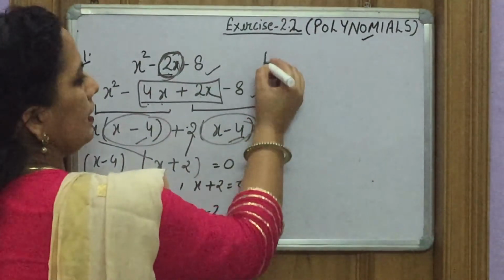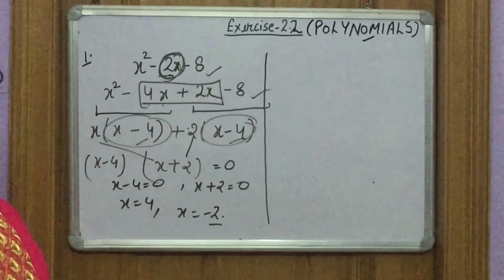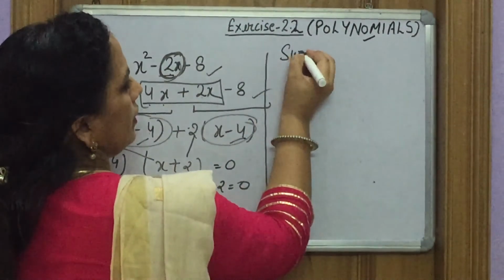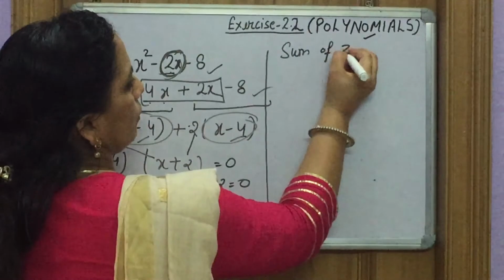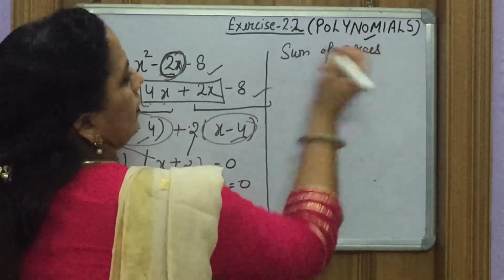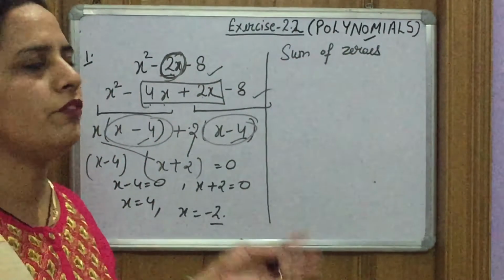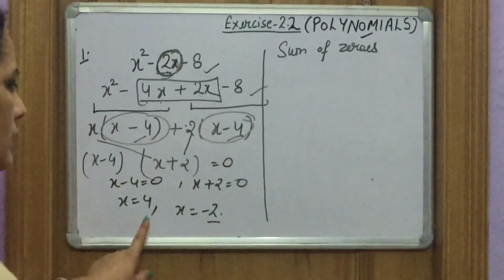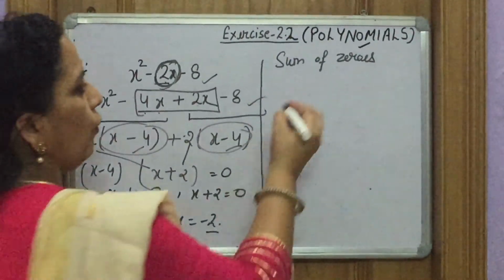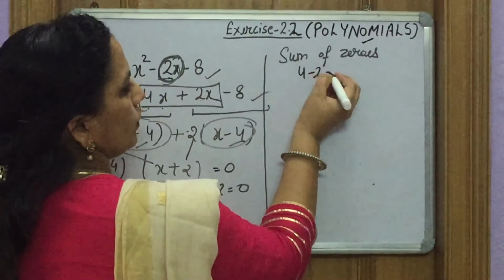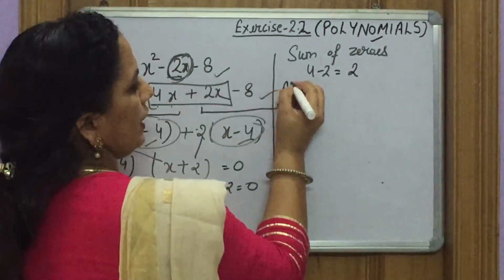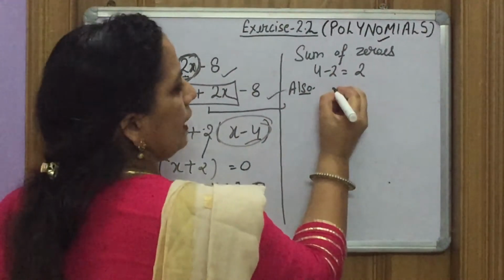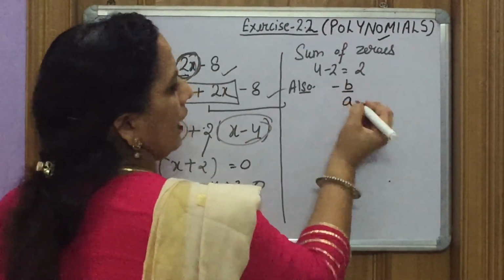Now verify these two zeros. How can we verify? The first step is to find the sum of zeros. The sum of zeros is 4 and minus 2. Also, we can find the sum of zeros by the formula minus b by a.